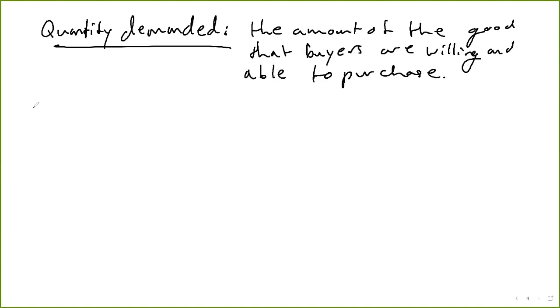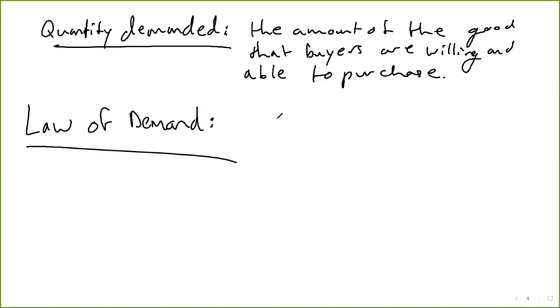Related to this is what is called the law of demand. And the law of demand says something very intuitive. It says when the price goes up, then the quantity purchased goes down. So more specifically, it's the claim that the quantity demanded of a good falls when the price of a good rises.